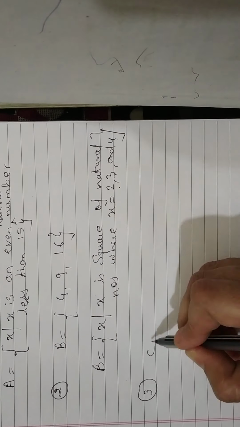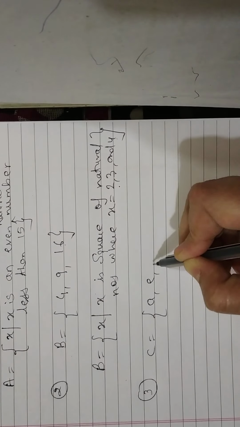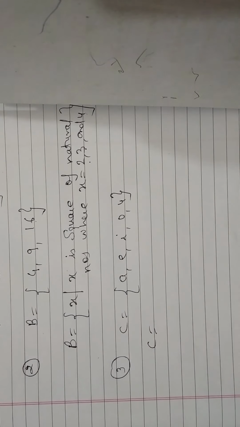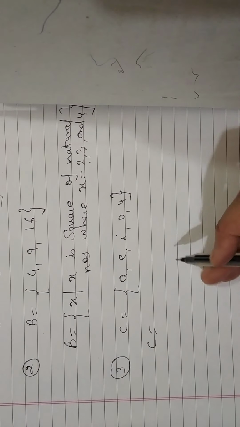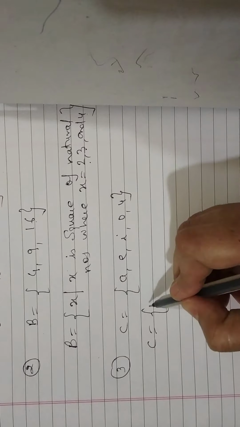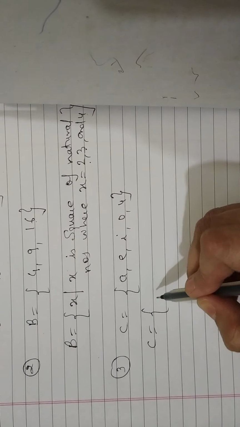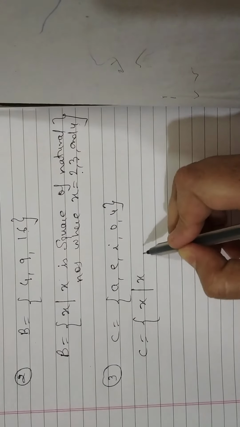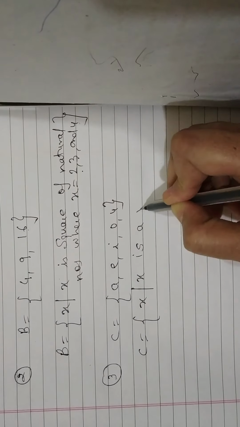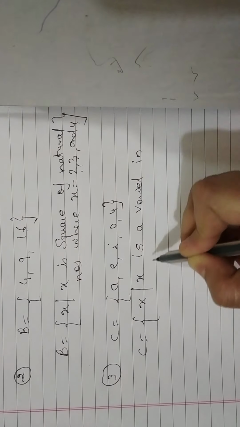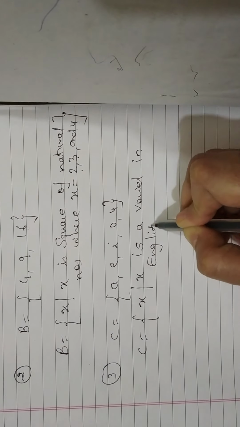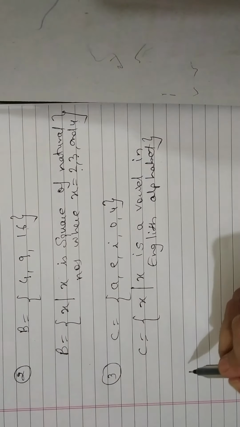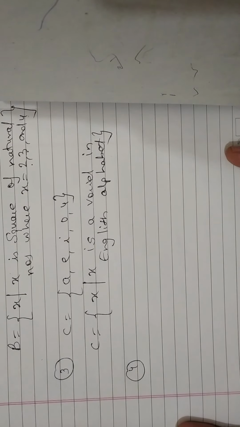We'll take another example. A, E, I, O, U. You can see these are vowels in English alphabet. So, you can take X, you can take Y, you can take anything. I am taking X only for all the things. X is such that X is a vowel in English alphabet. We'll go for the fourth problem.